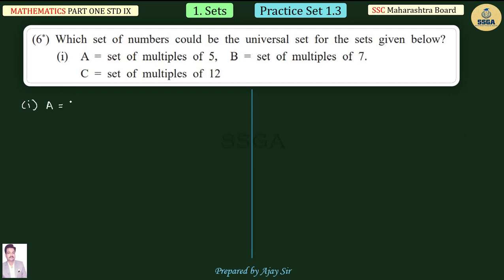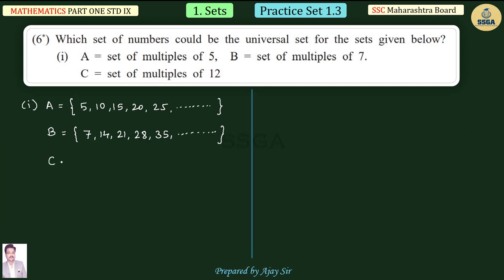Set A, which is multiples of 5, means the table of 5: 5, 10, 15, 20, 25 and so on. This is infinite. Similarly set B, which is multiples of 7, means the table of 7: 7, 14, 21, 28, 35 and so on.